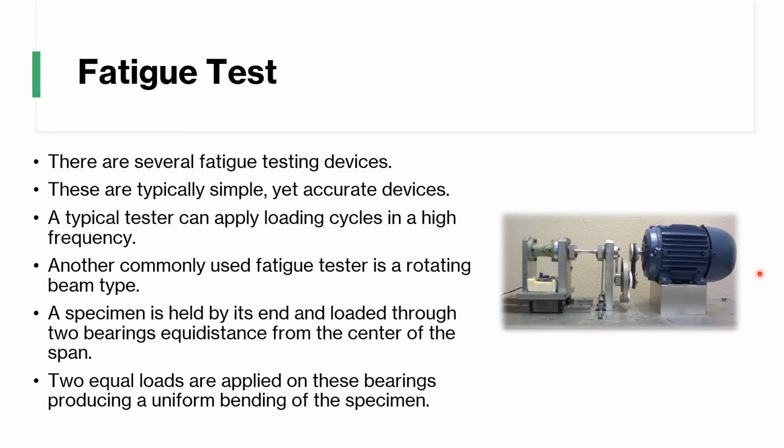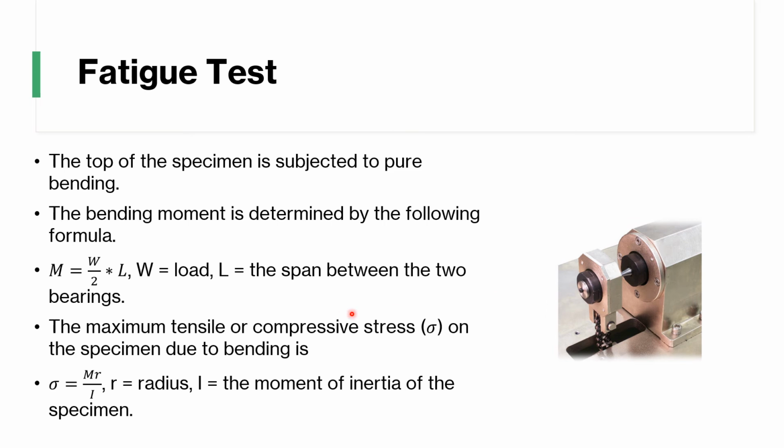But with bending, you see the stress limit. The top of the specimen is subjected to pure bending, and the bending moment is determined using this equation. We've got load W, and little L, the span between the two bearings in your previous picture.